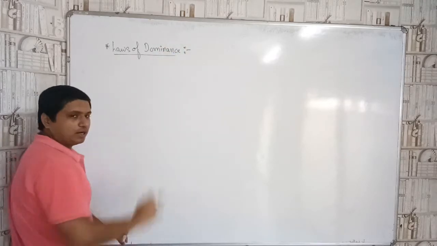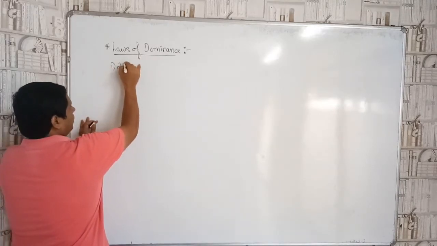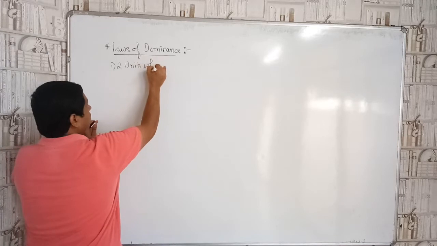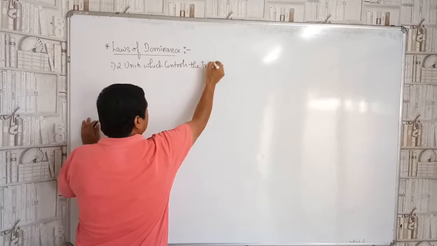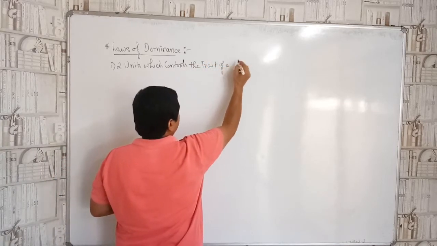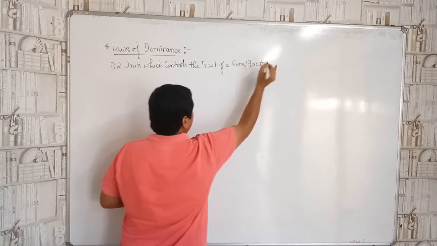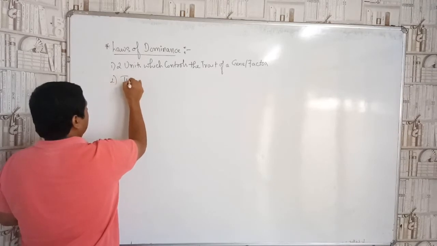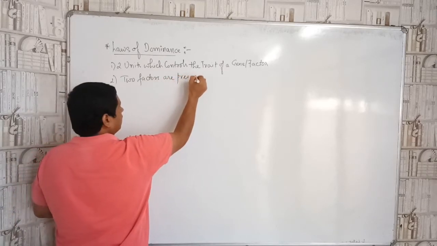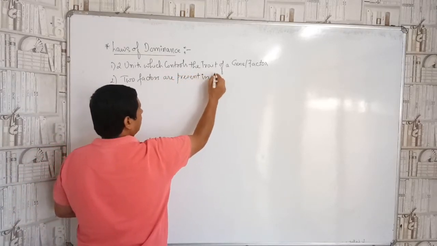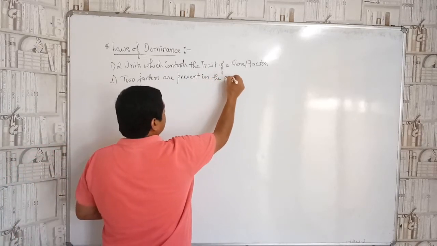Now the law of dominance. See, what did Mendel do? He told that there are two units which control the character or the trait of a gene, or we can say factor. Both these two factors or genes are present in pairs.